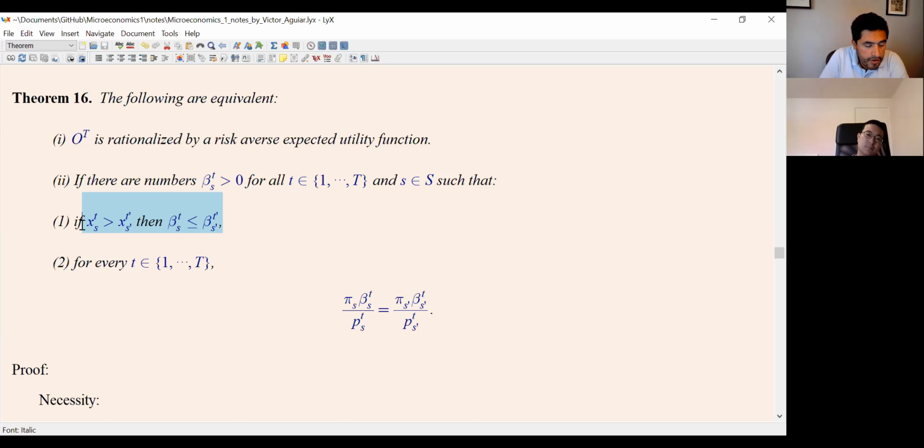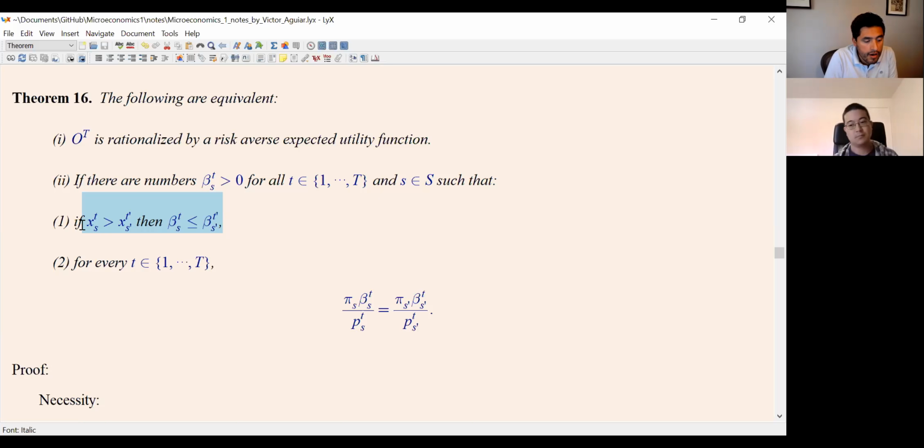Yeah, so let's say, for instance, I tell you, go to your data set, the experimental data set I provided, right? And then test whether the data set comes from maximizing an expected utility that is risk averse. What would you do, right?